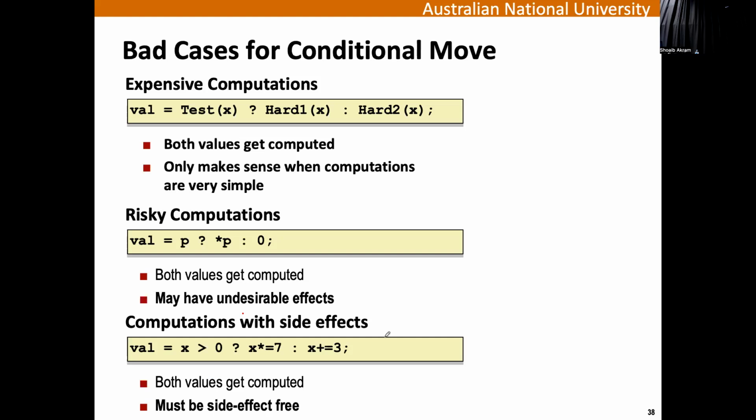So compilers are really smart when they transform, or careful when they transform such statements into assembly. And a lot of compilers simply ignore conditional move because the heuristics to figure out when to do it, when to not do it are really, really difficult. And you don't want to do the wrong thing.